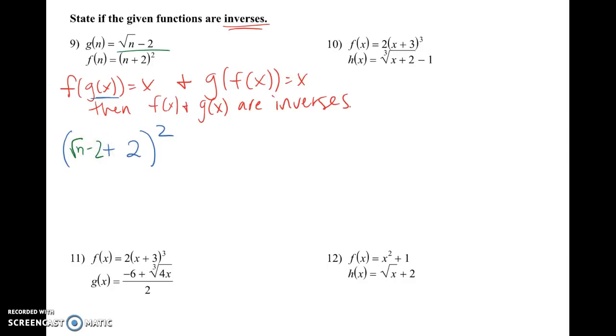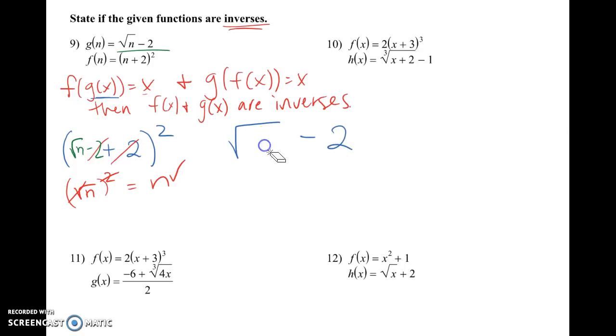And so we see that the negative 2 and the 2 cancel each other out, and I get the square root of n squared. And again, the square root and the square cancel, and so I get n. So did I get just x or just n in this case? Yes. If I was doing g of f of x, I would start with function g, which is the square root of n minus 2.